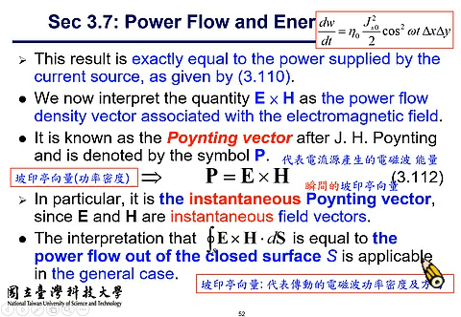So you can think of a propagating electromagnetic wave as a means to deliver energy in the form of electric and magnetic field.